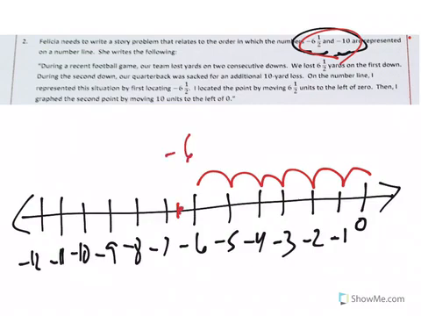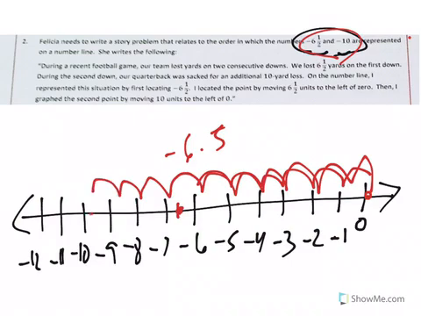So that's negative 6.5. Probably should have labeled these as negative 1, negative 1.5, negative 2, negative 2.5, but that's okay. And then negative 10 would be starting at 0 and going 10 spaces to the left. 1, 2, 3, 4, 5, 6, 7, 8, 9, 10. So I would graph that here.